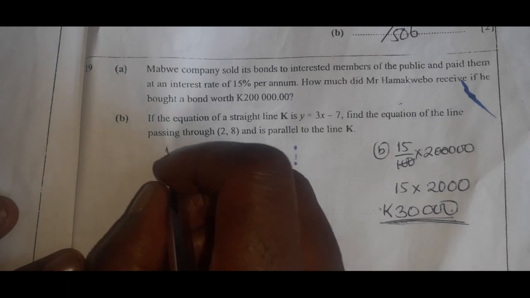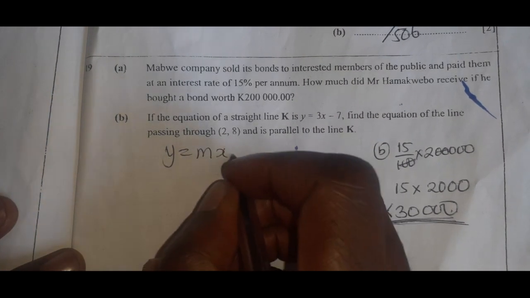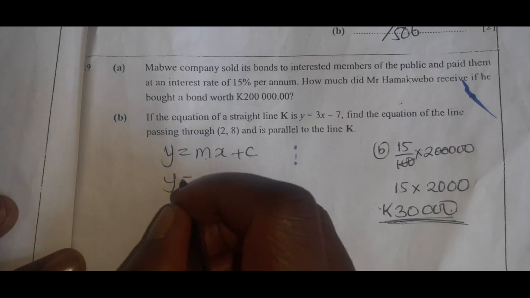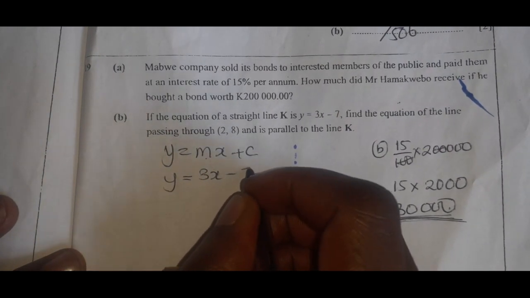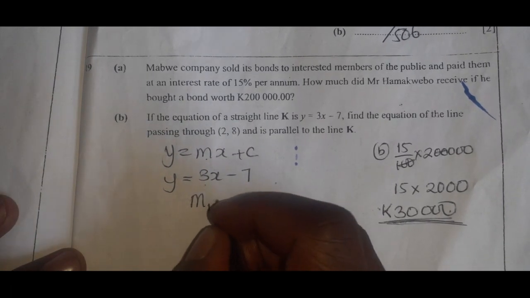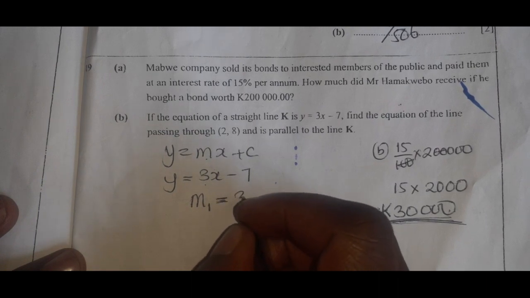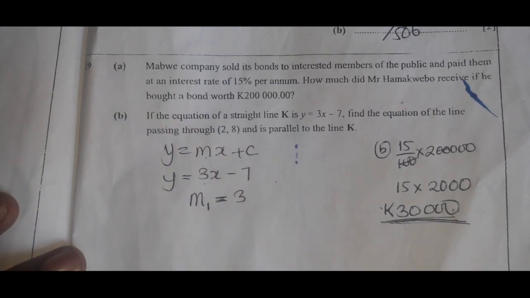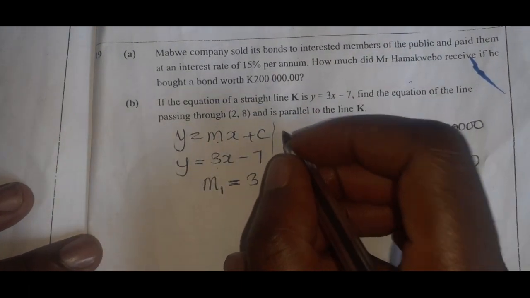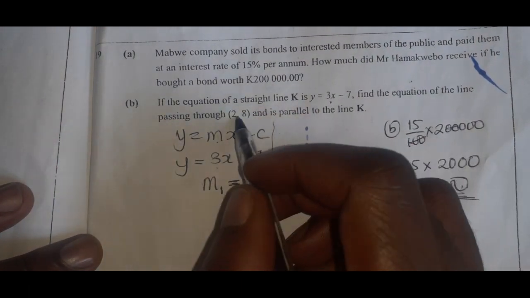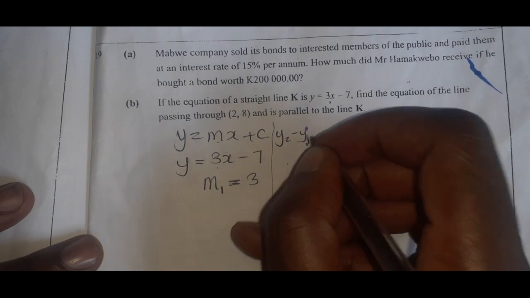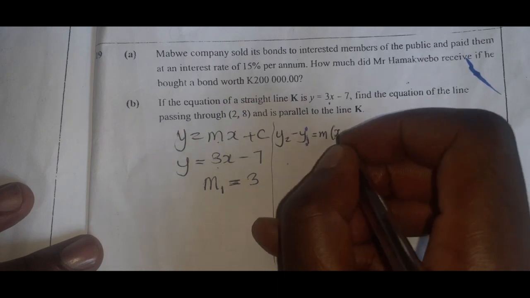Once the equation has been written in this form, we know this is our gradient, so the gradient m1 is equal to 3. Now we need to write the equation of the line that is parallel to this line but passing through this point. To write the equation of a line, this is the formula that we use.